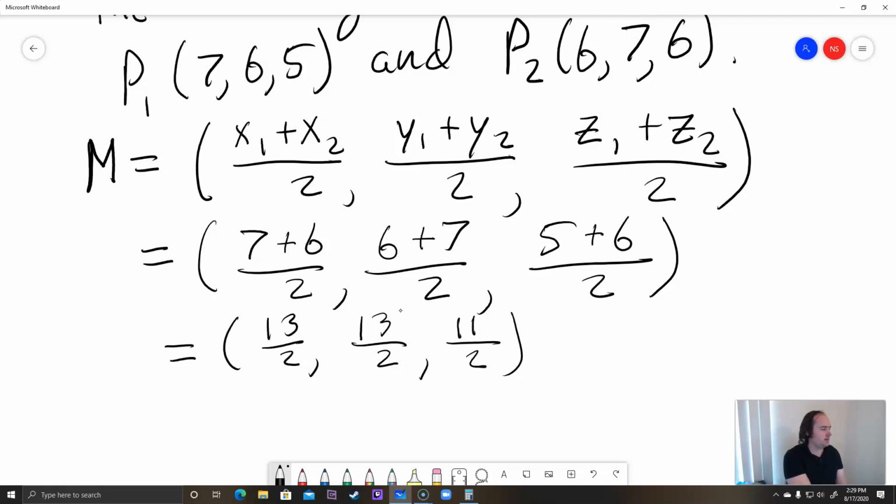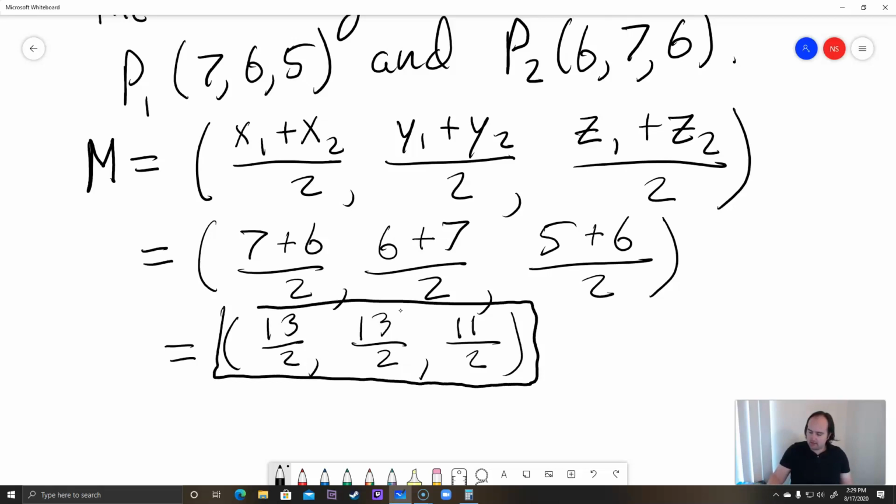And so that's actually your midpoint. And those fractions are already simplified, so we don't have to do anything there. So that right there is the midpoint of the line segment P1, P2.